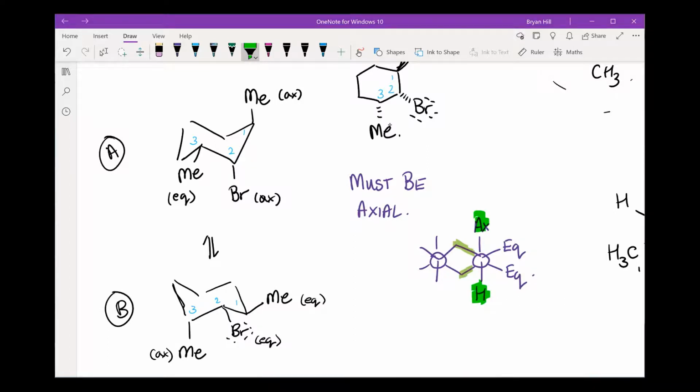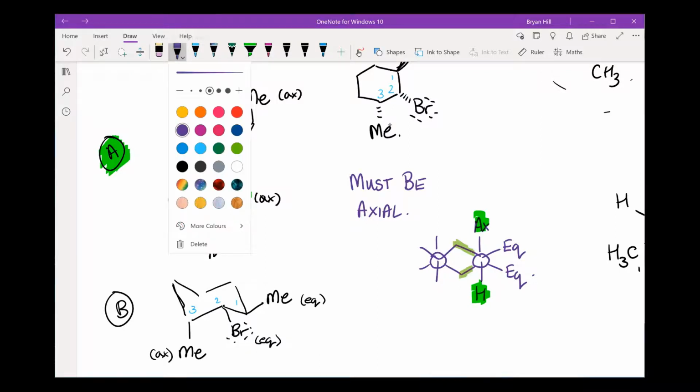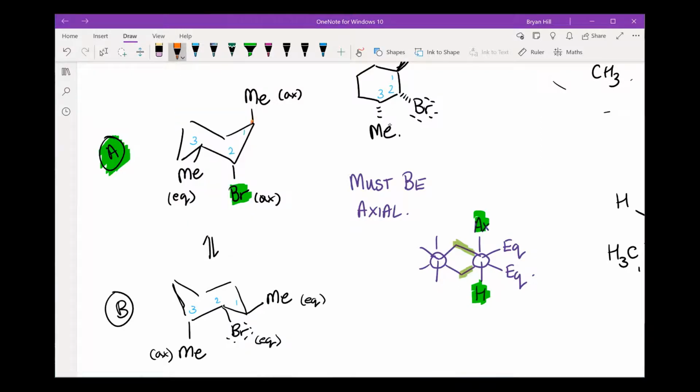So in these two chair conformations, the elimination reaction can take place in only one, and that's conformation A, because only in conformation A is the bromine actually axial. And the other thing which is interesting is that it's the carbons next door from which the proton gets removed.